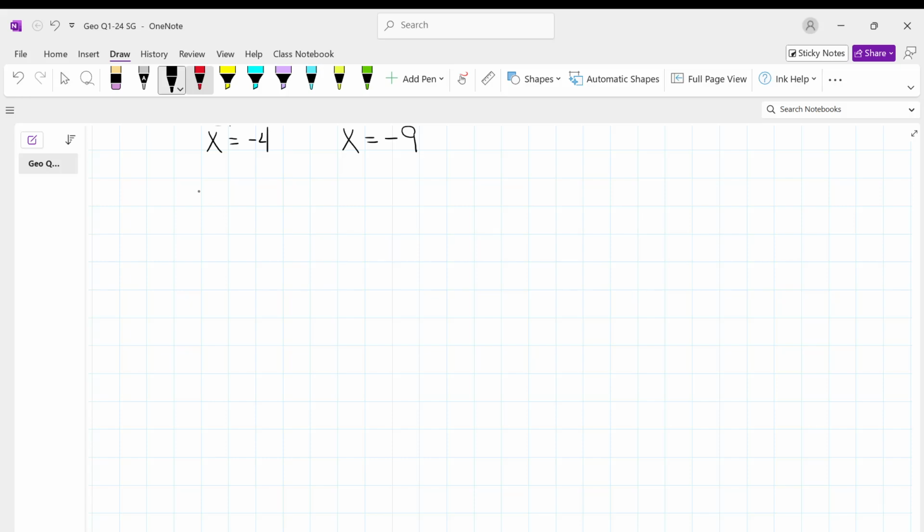So let's take 3x squared minus x minus 2 equal to 0. It's in standard form, so you don't have to do anything else. You just got to factor it.